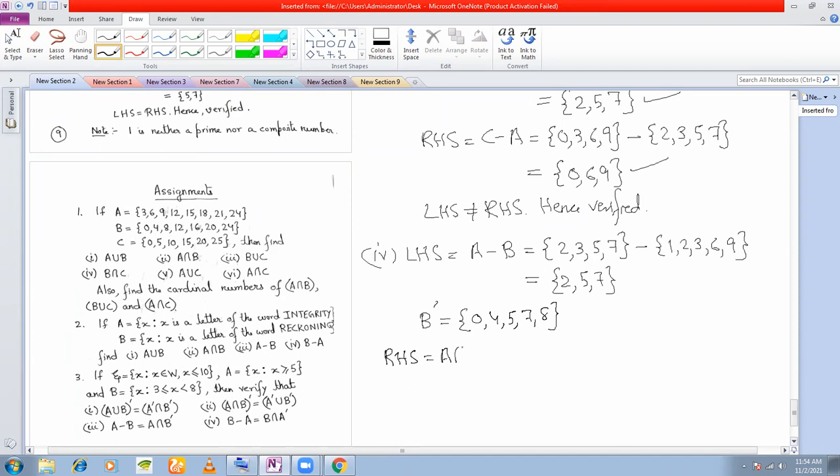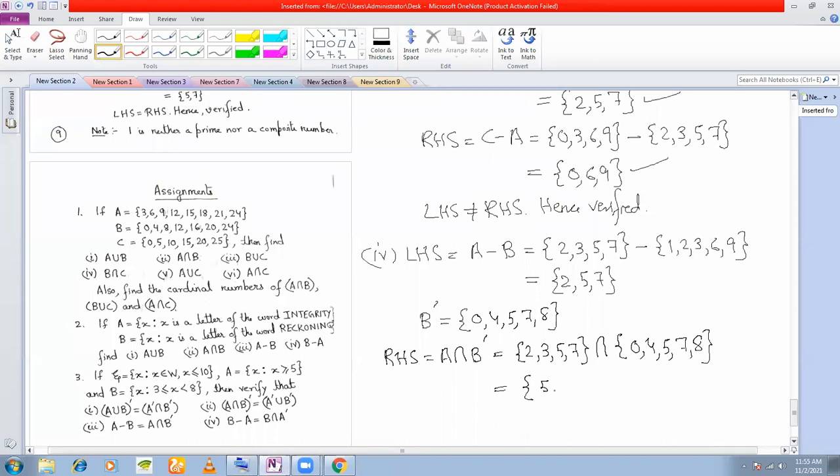A intersection B complement, which is equal to the set A intersection B complement.